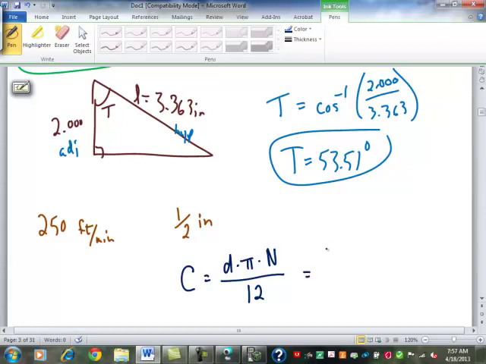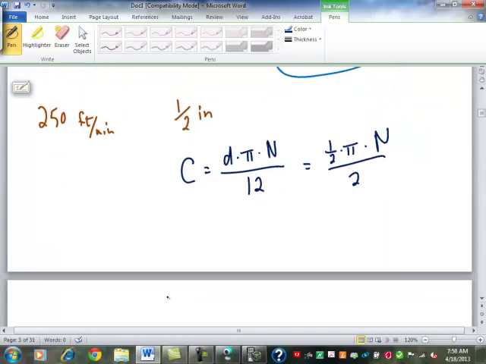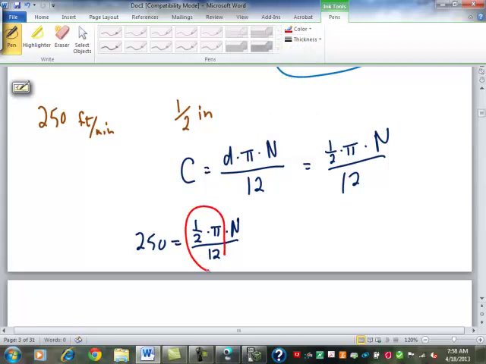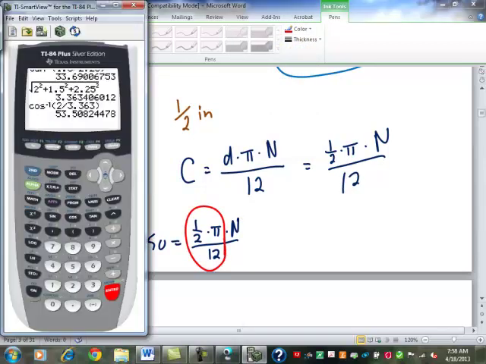So what we have here is a 1/2 inch times pi times N over 12, and that has to equal 250. Now what I would do is combine these pieces right here: 1/2 times pi divided by 12.